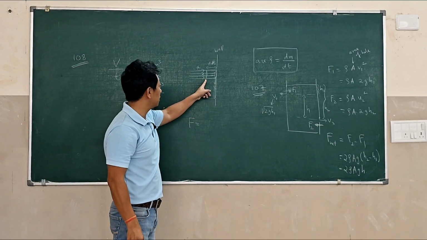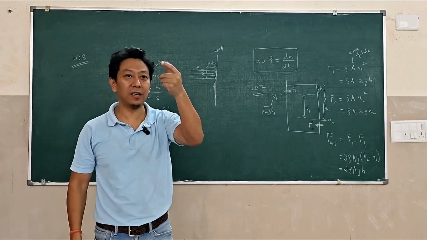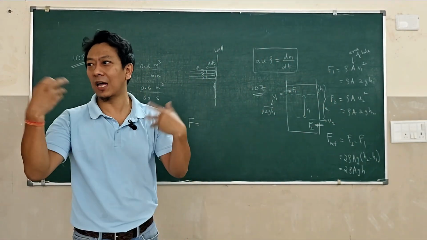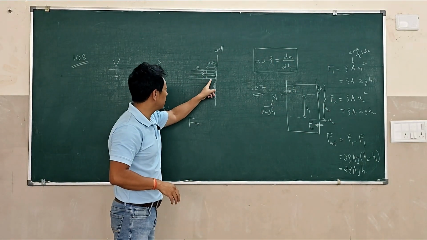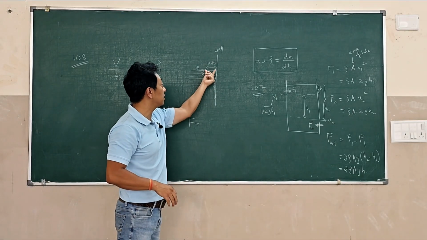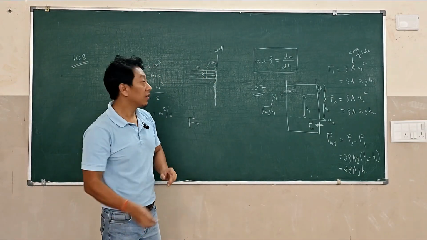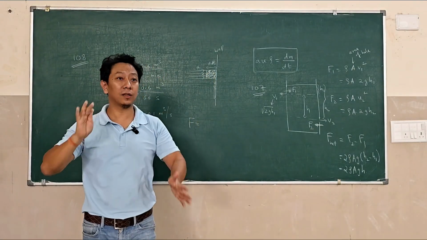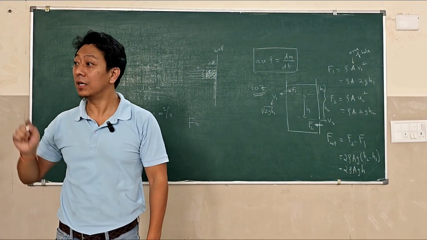Some portion will reach the wall, I don't know which portion, I am just assuming. So if this portion reaches here in time dt, this distance will be V into dt. That means this much mass will hit the wall in time dt.